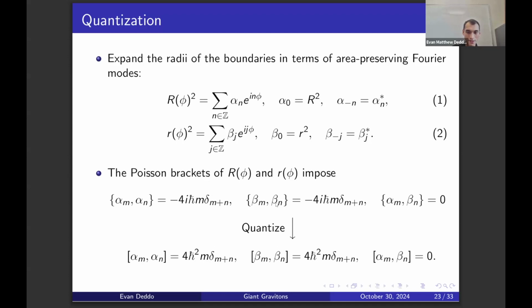And then the idea is we just canonically quantize these, promoting them to operators, which will be like the raising and lowering operators, satisfying these commutation relations.